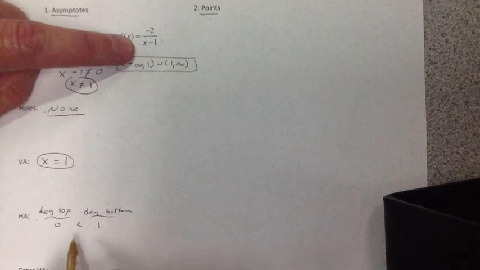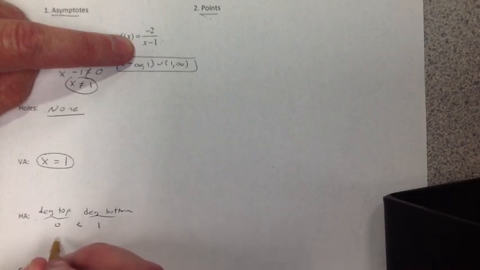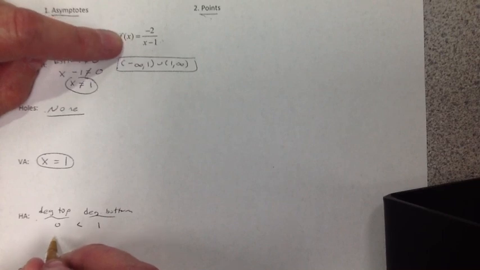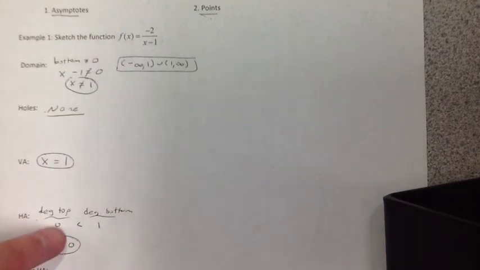And if the degree on top is less than the degree on bottom, we say the horizontal asymptote is y equals 0. So we get y equals 0.